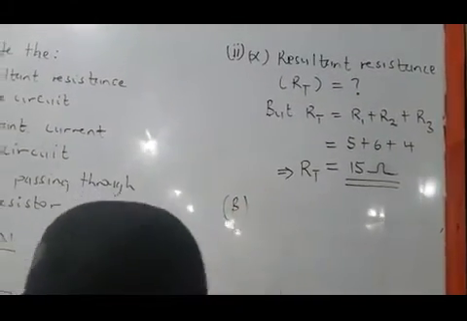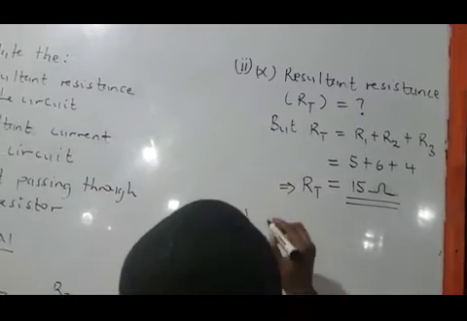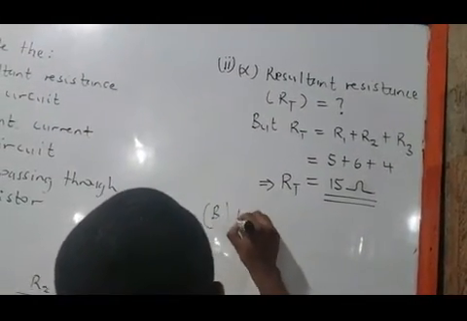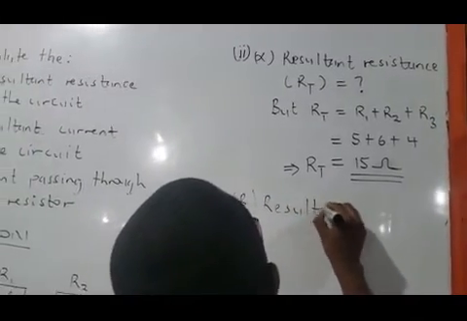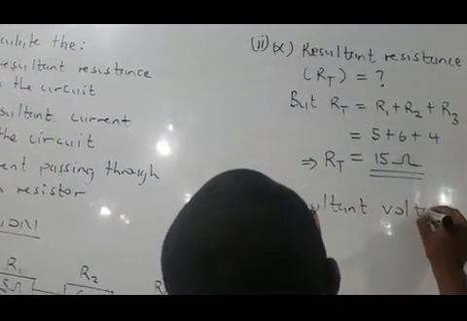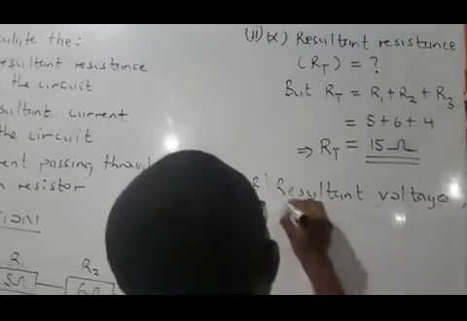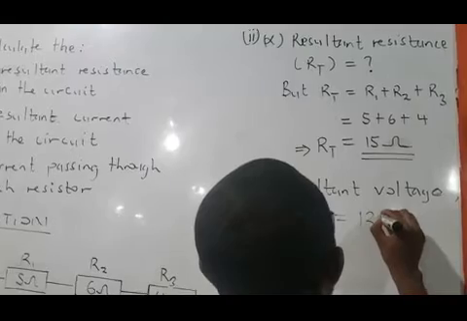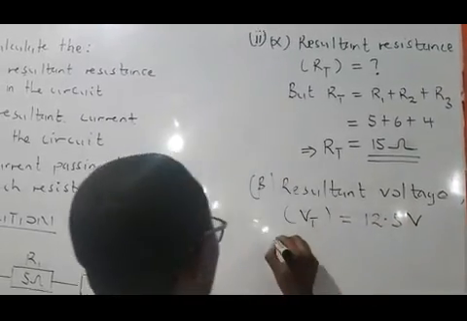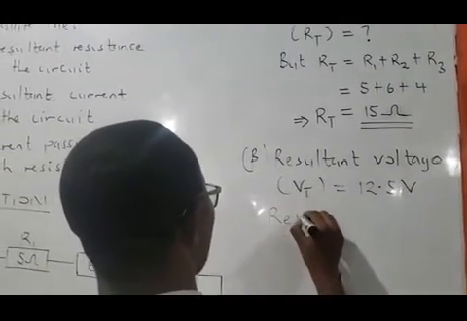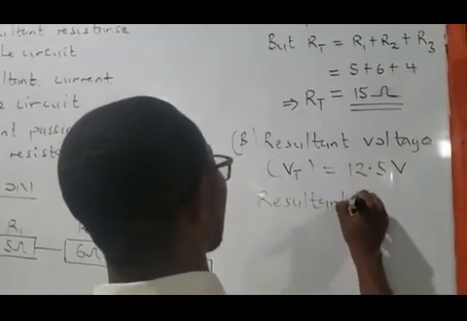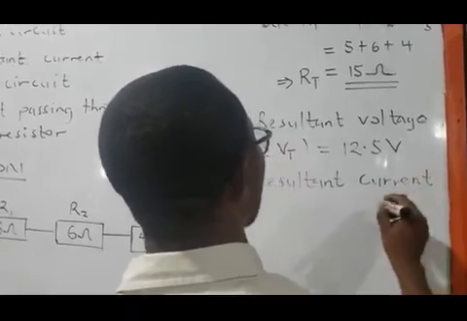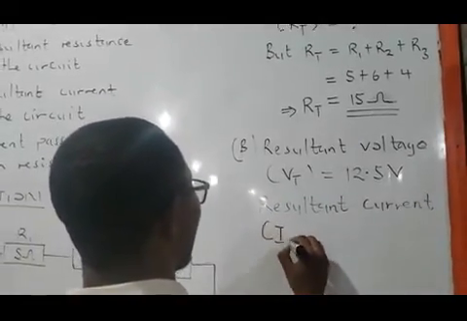Now the beta, the total current. For you to get the total current, you need the total voltage. So from the diagram, the resultant voltage, that is VT, is equal to 12.5 volts. So you can look for the resultant current, that is IT.